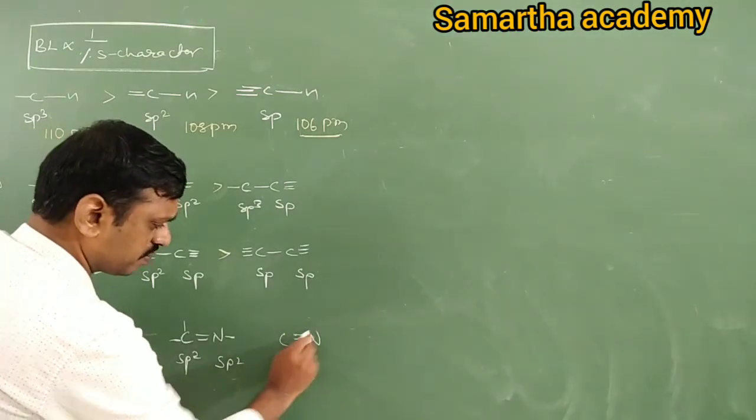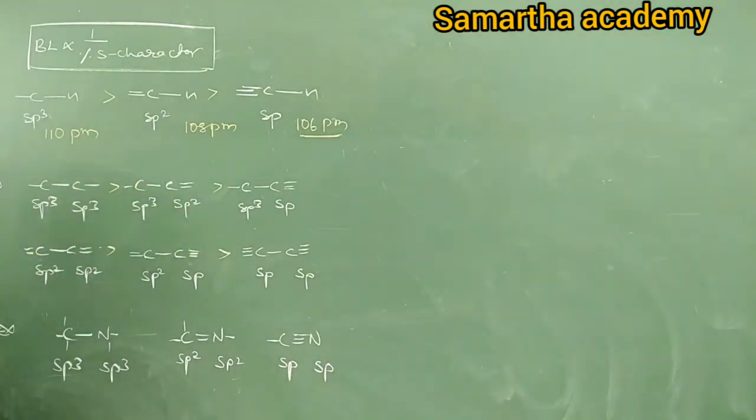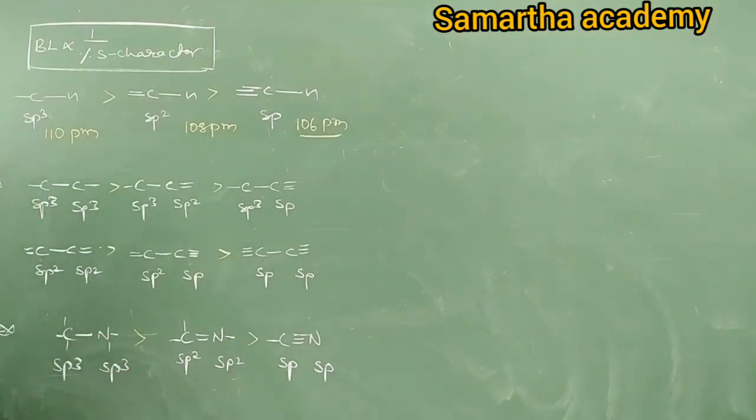C triple bond N, sp, sp. So the bond length between carbon nitrogen, which bond length is more? Less s character, more bond length. So in this way you can identify the order of bond length. Important examples.